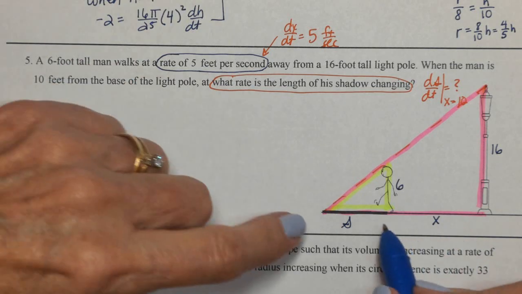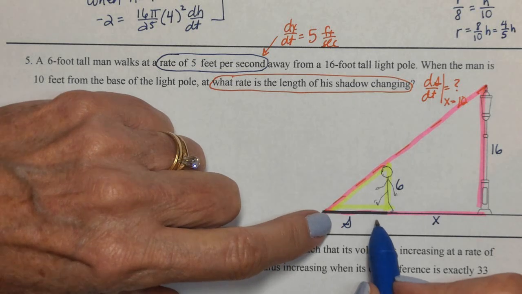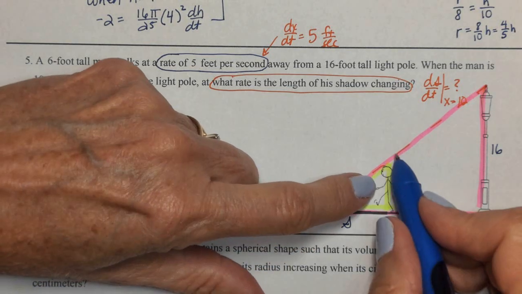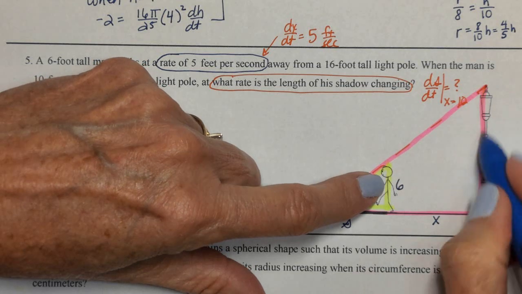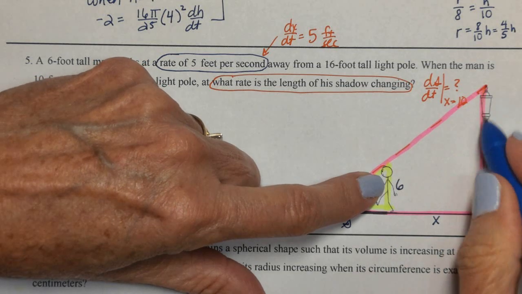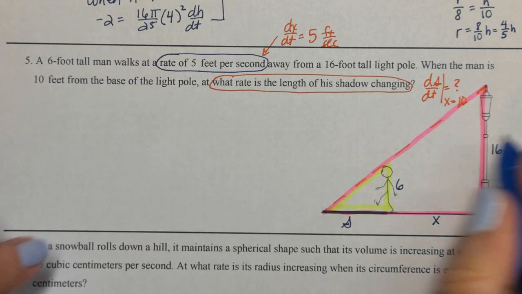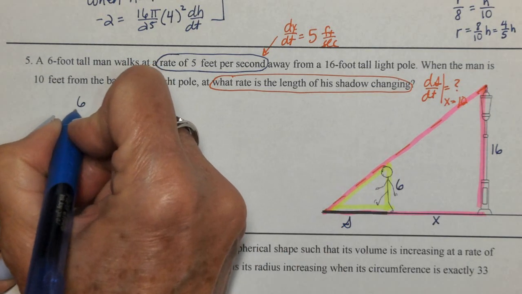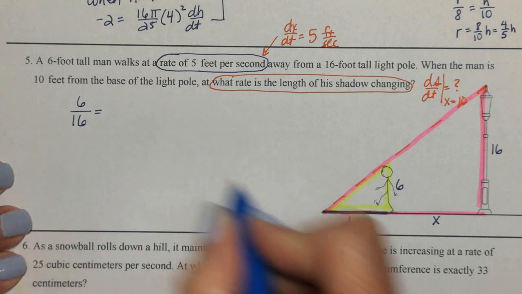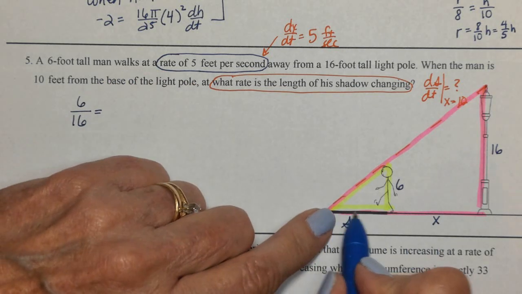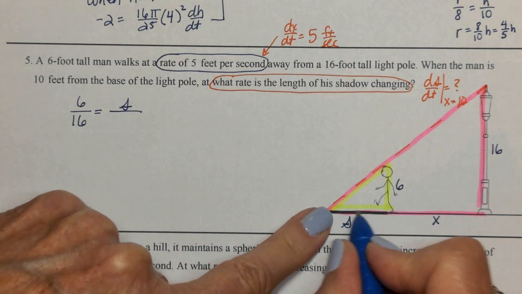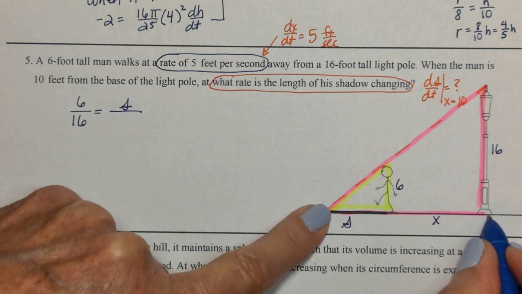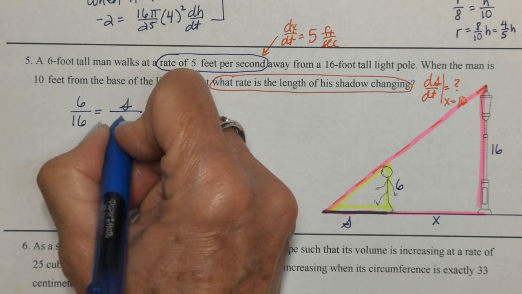Let's say this side is proportional to this, true? So 6 is to 16 as this leg, s, is to the whole thing, s plus x.